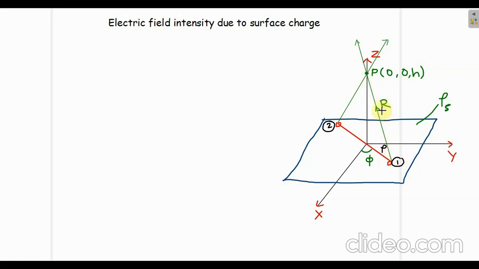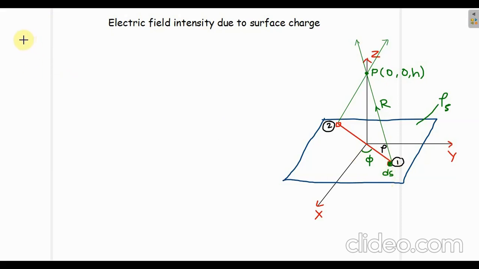First of all, the charge associated with this elemental area ds. Let's say this is an elemental area, so its area is ds.